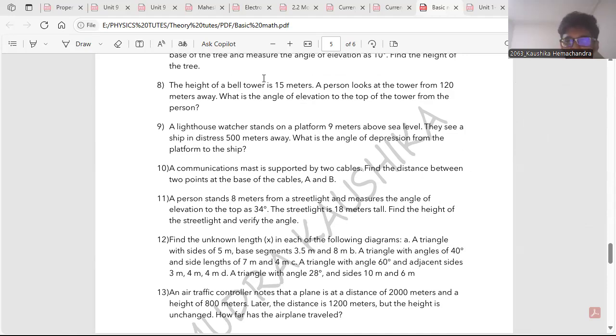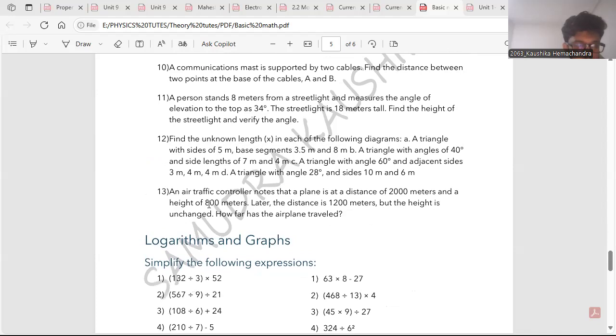Neglect the height of the person. Cut this 12th question, I'll give you the diagrams.